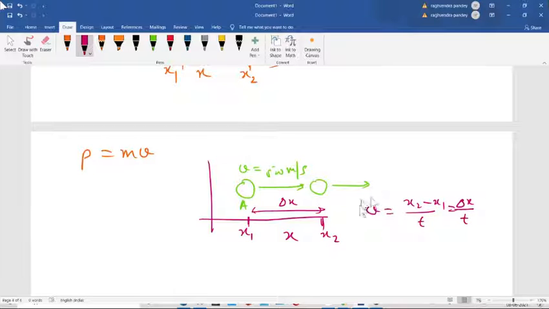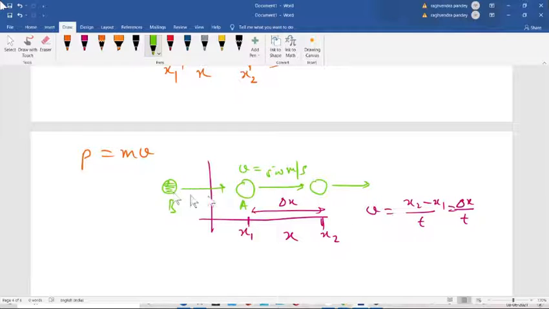Now the same thing will happen, because I have to see whether the initial position is x1 or some other position. If I want to see its position, I have to use another ball B, which will strike this ball so that I can see where it is at the initial position x.